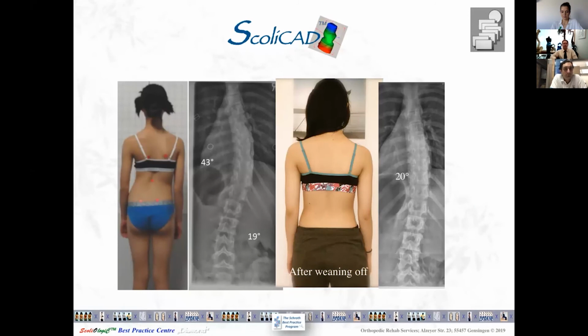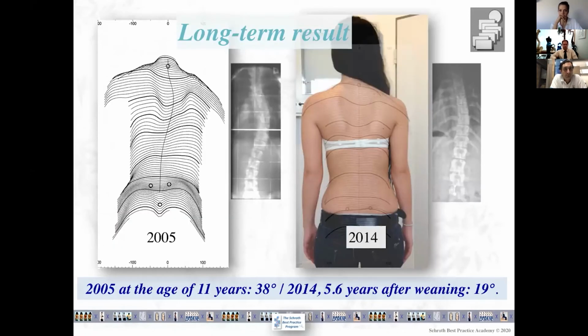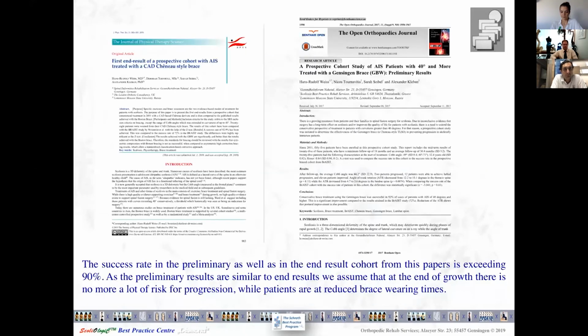This is a long-term result. Initially 38 degrees and at the end 19, and this 19 degrees is still after 5.6 years after weaning of the brace. So in the studies which we made and recently published, the success rate in the preliminary as well as in the end result cohort studies is the same.